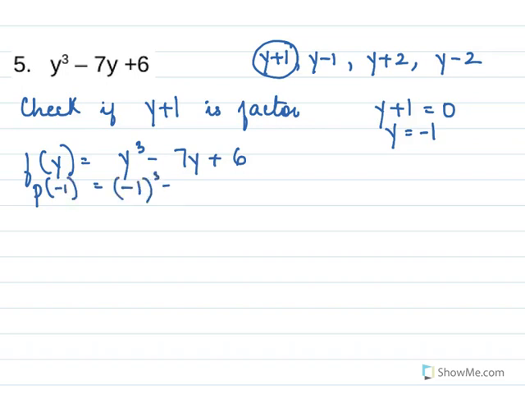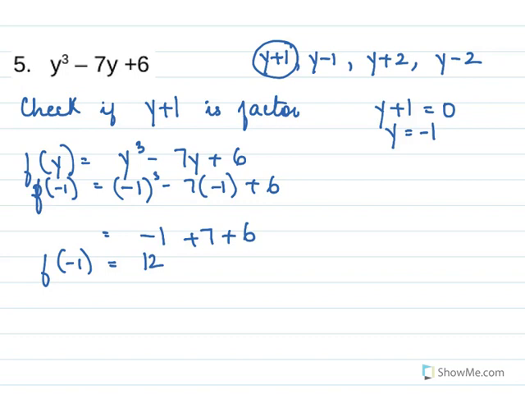So minus 1 cube minus of minus 7 plus 6. So this is minus 1 plus 7 plus 6. So we have f of minus 1 equal to 12. So it is not 0. So we can say that y plus 1 is not a factor of f of y.